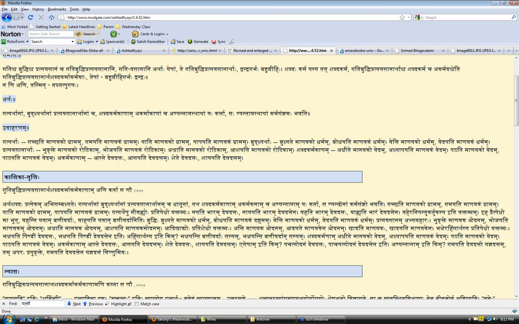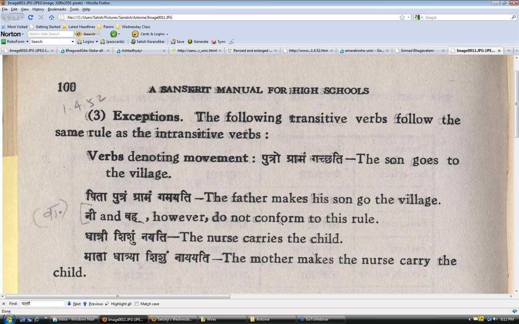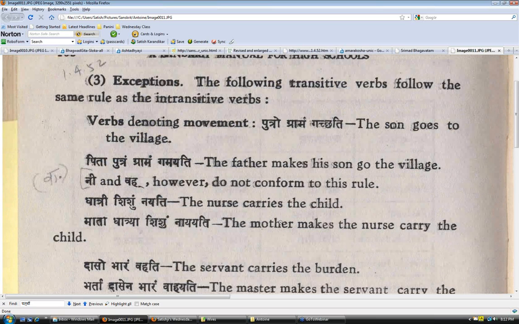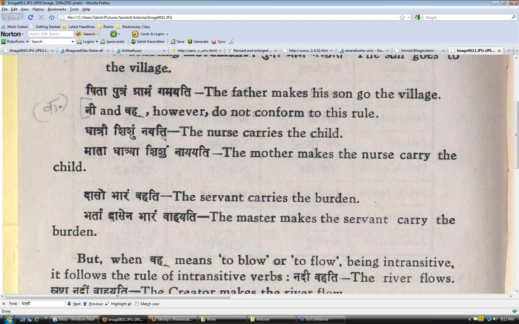They retain, Devadatta doesn't get the karma sanya, he retains the karta sanya, and he will get the tritiya via kartikarana sthitiya 2318. That's what the book is saying over here. Is the ni and vah do not conform to this rule. So dhatri, the nurse, shishum nayati, she takes the child, carries the child.